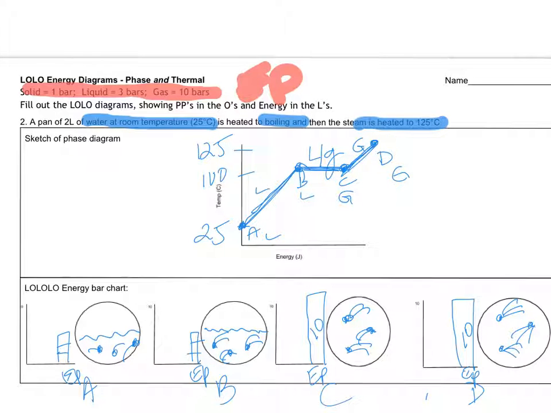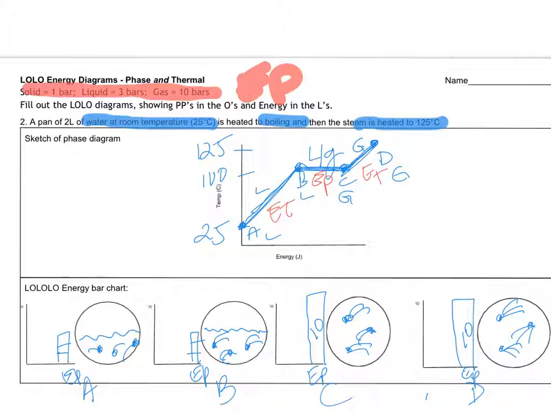Now, for my graph, I can even go back up here and remind myself, yeah, phase energy is changing from B to C. So during A to B, it's actually thermal that's changing. And during C to D, it's thermal that's changing also.